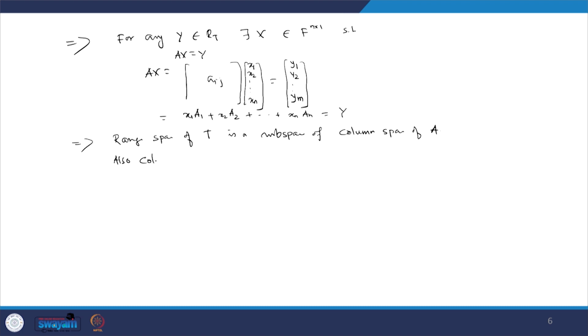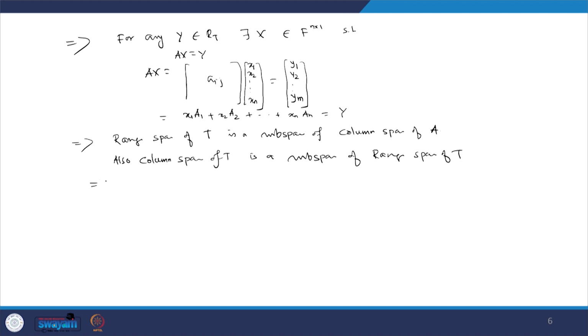Also, the column space of A is a subspace of the range space of T, because if I take any linear combination of the columns of this A, that is basically writing A x, so it will be in the range space.